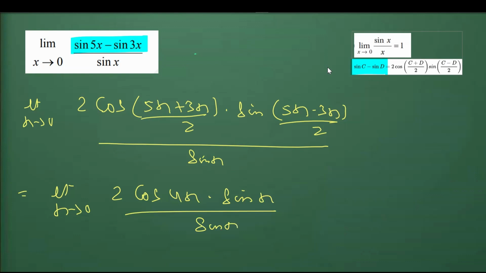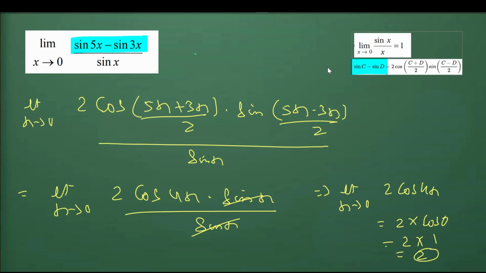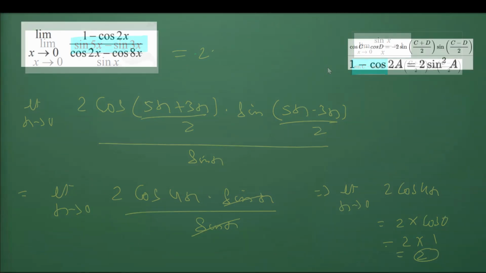We can figure out that this sine x gets cancelled. So we are left with limit x tending to 0, 2 times cos 4x. And placing the limit, we get 2 cos 0. And cos 0 is 1, right? So therefore 2 is the answer for this question.